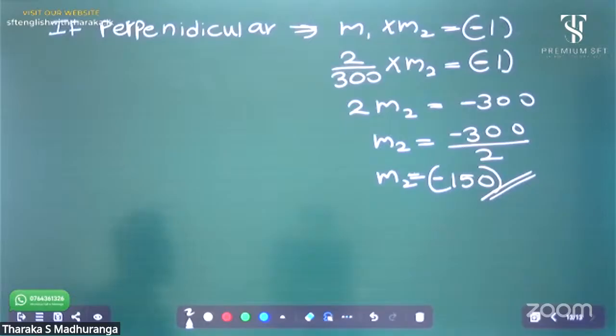Abid? Okay, this is the gradient of the CD line, the new line.